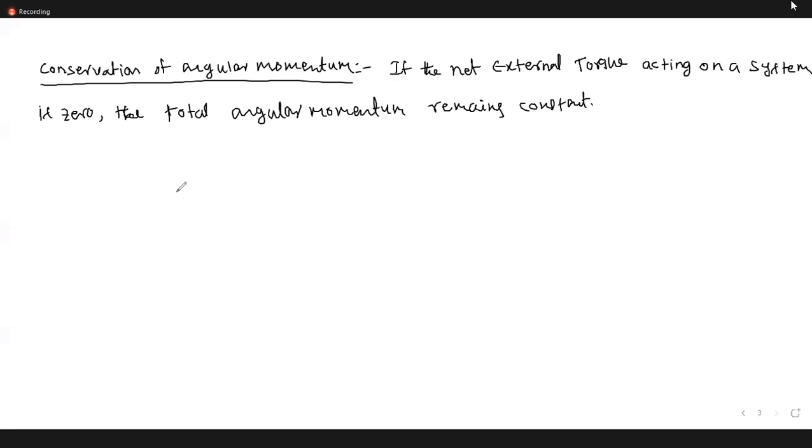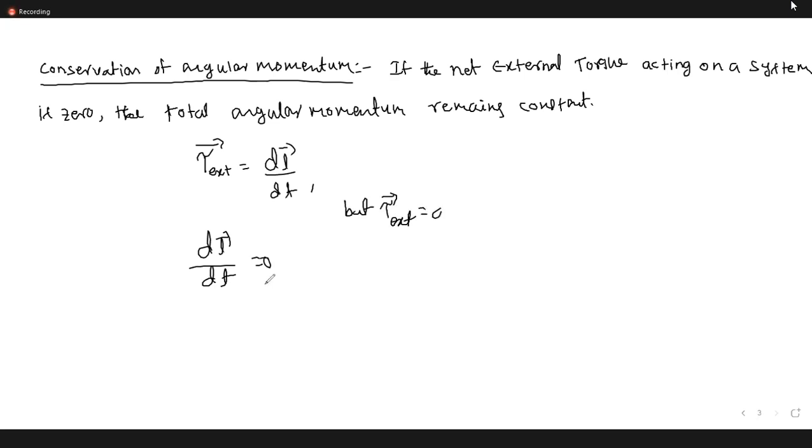We know the relation that torque external equals dL by dt. But torque equals 0, therefore dL by dt equals 0. Hence L equals constant.